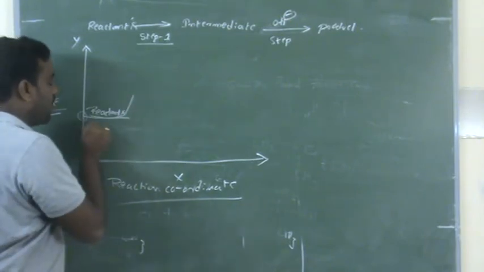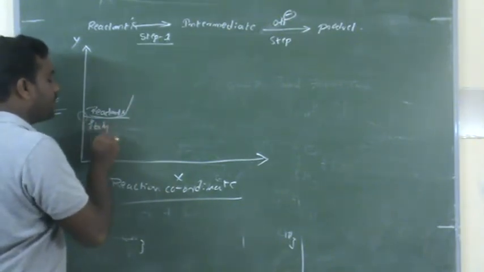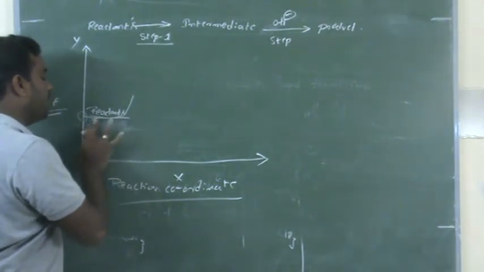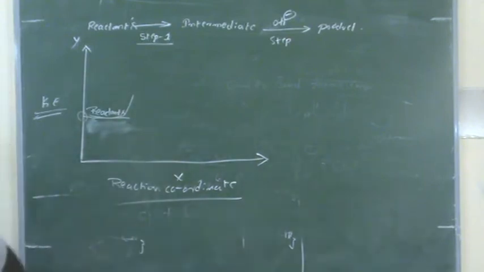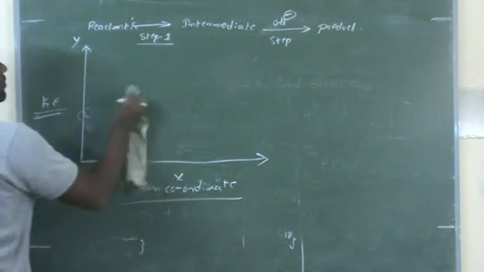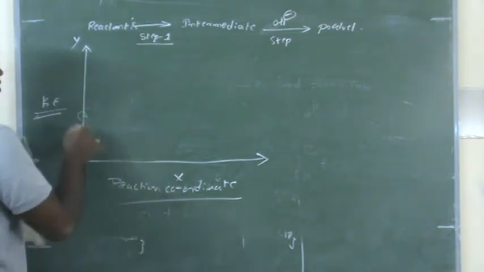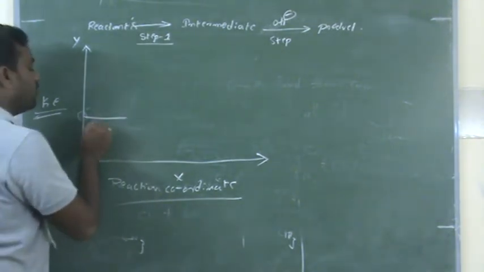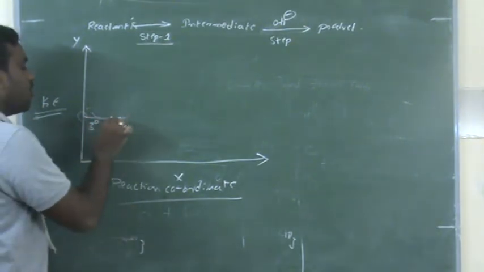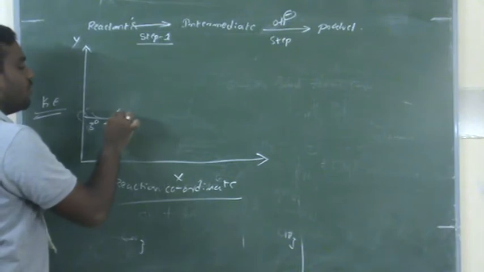Which reactants do we have? Tertiary butyl alkyl halide, RX. Simply, I will write it for your better understanding. Tertiary alkyl halide goes and reacts with the nucleophile.